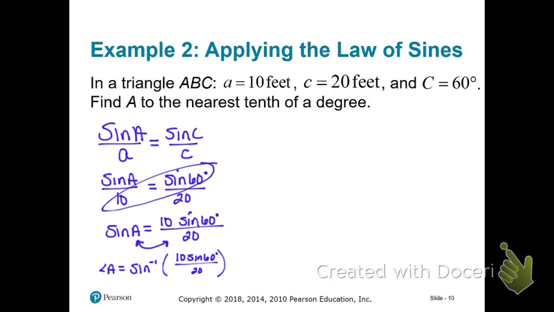Can a quadrant 2 angle be inside of a triangle? Yeah, if it's less than 180, right? So anytime we're looking for our angle, guys, we're going to have to look and see, will we have a second triangle? So we're going to find our quadrant 1 angle, and we're going to find a quadrant 2 angle.